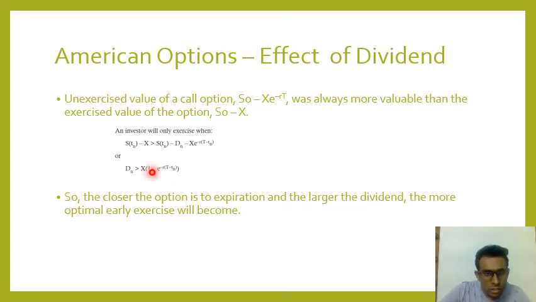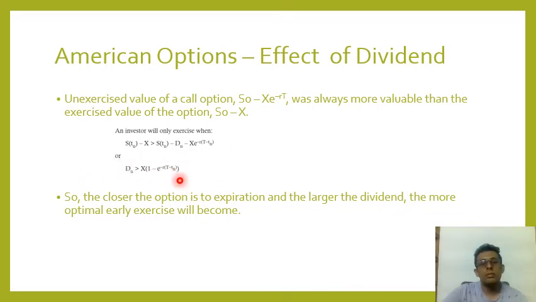From this equation we can infer that the closer the option is to expiration, that is T minus Tn, the lesser it will be. So closer to the expiration, the larger the dividend relative to this value, which means the dividend is much larger. Under these circumstances, if this value is less, the whole value will be lesser than dn.